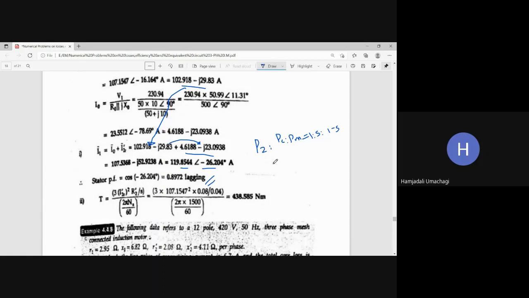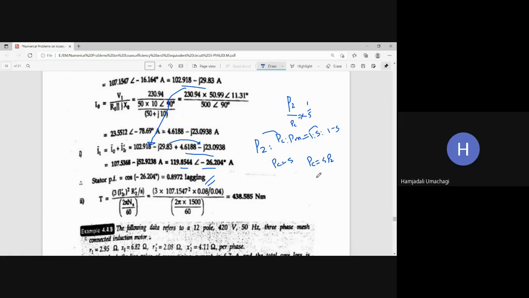PC is equal to slip times of P2. If I take the ratio of rotor input upon rotor copper loss, P2 by PC is equal to 1 upon S. If you cross multiply, then PC is equal to S times P2.